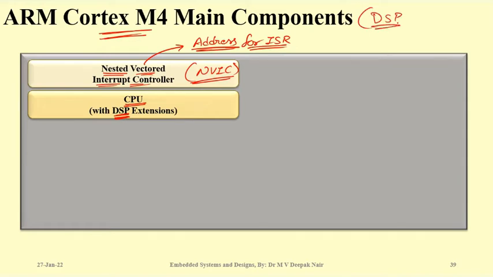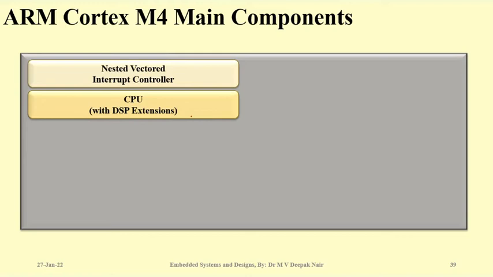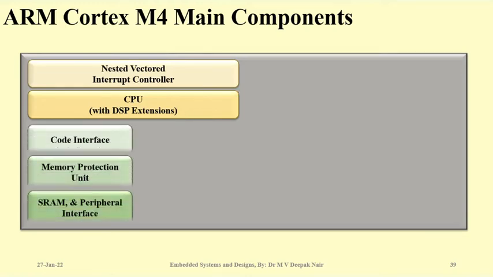So if you are interested in signal processing, embedded systems doing signal processing like audio or video, small chunks of video, or image processing, you can use this kind of microcontroller, M4. It has its own DSP extension. An inbuilt, separate unit for DSP is there.